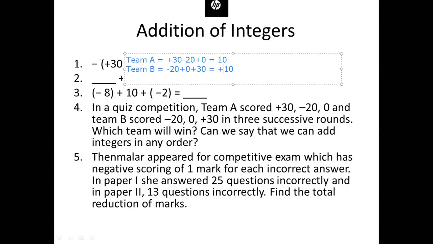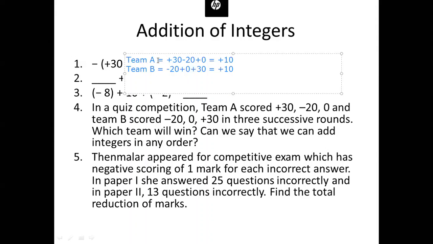It's going to be plus 10. And the same thing here because the biggest number 30 has the symbol plus in front of it. So it is plus. So both the teams have won the same point. So it's a tie. So which team will win? So it's going to be tie.